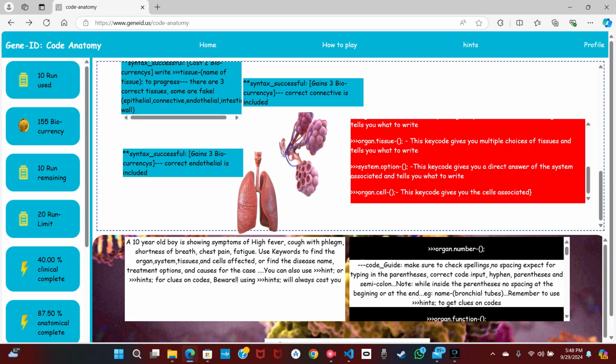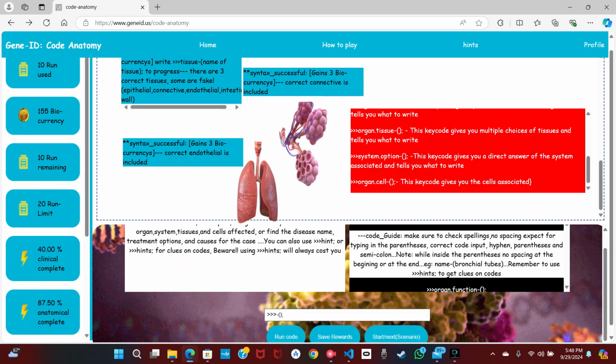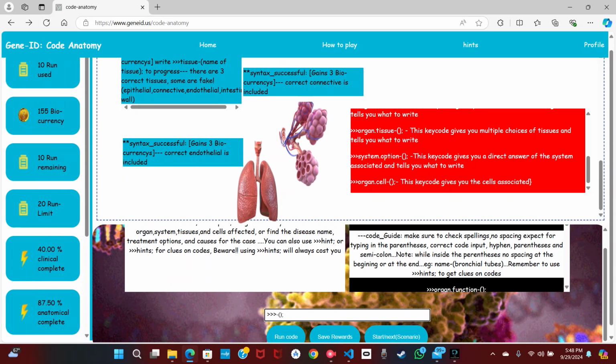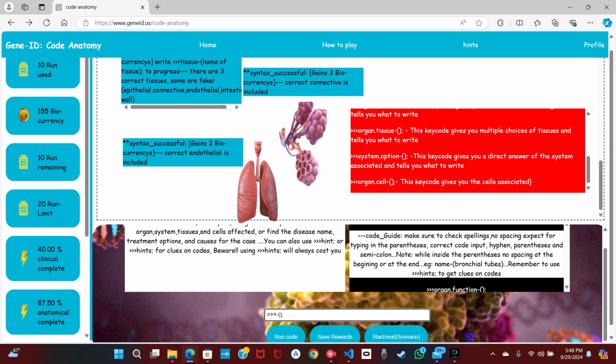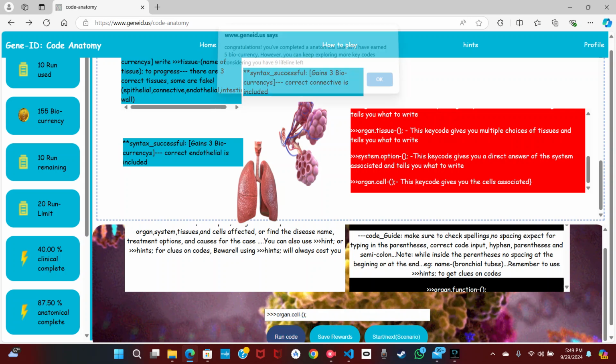This key code gives you the cells associated. All right, maybe I should just type it up and see what happens, if that would give me progress or tell me something that I should write. Organ dot cell.